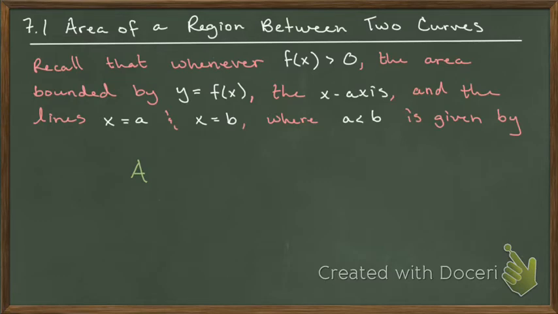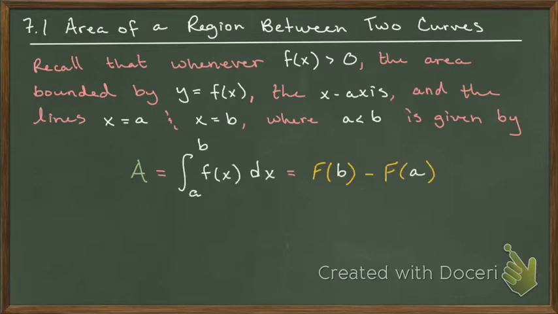The area is given by this definite integral from a to b of f of x dx. And by the fundamental theorem of calculus, I can say that that's capital F of b minus capital F of a. It's important to remember that capital F is the antiderivative of little f, or that the derivative of big F is little f, okay?